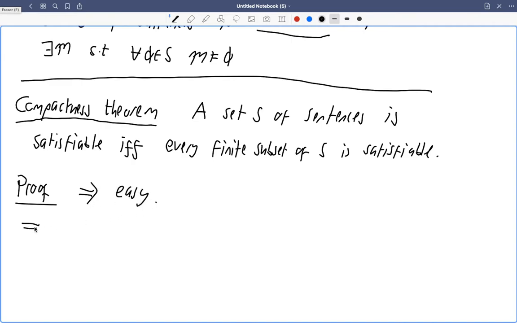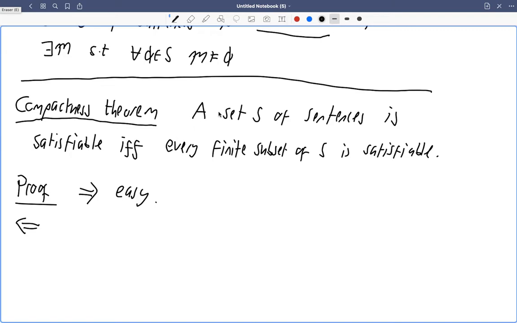The right to left implication is the interesting one. So we want to show that if every finite subset of S is satisfiable, then the set S is itself satisfiable.